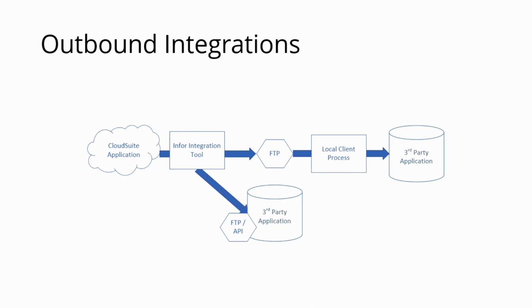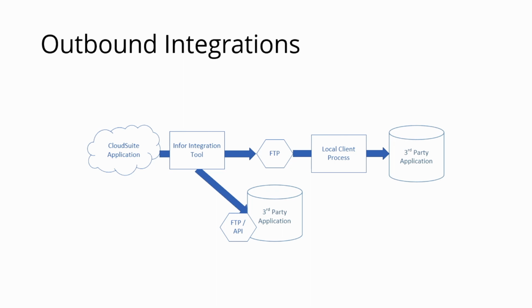So from the integration tool, we can go to the FTP site, like Jeremy mentioned, right? Drop a flat file for a bank or a benefits vendor or whatever it may be, or we can push to their FTP site, right? It doesn't have to just be the Infor provisioned FTP site that we're adding data to.